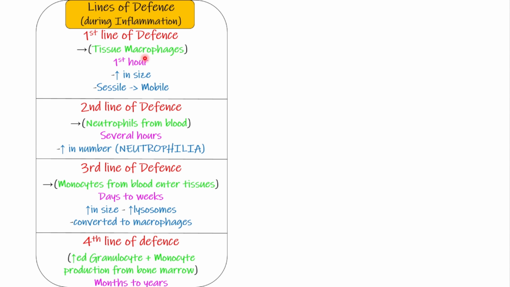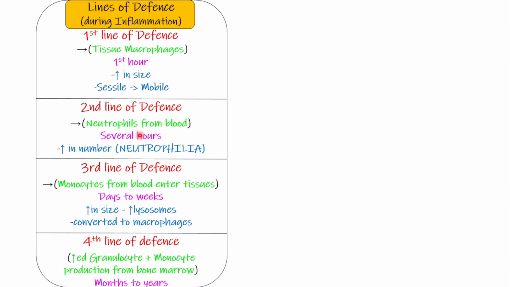They already are macrophages, the big eating white blood cells, and they will further increase their size. And secondly, the sessile macrophages will become mobile. The macrophages which are resting, which are chilling out, will become the mobile macrophages, and they will increase their size and go for the fight.